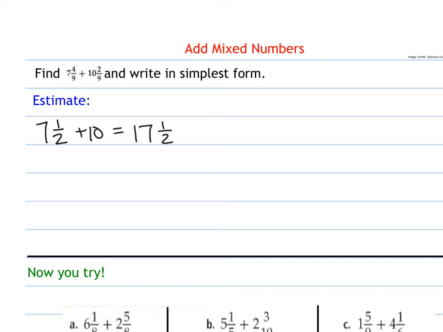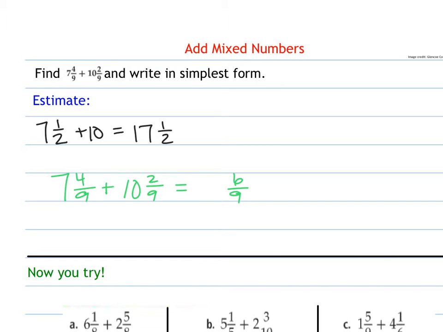So now let's do the actual addition for this. I've got 7 4/9 plus 10 2/9. We already have like fractions. We have common denominators on there, so we can add the fractions together. 4/9 plus 2/9 is 6/9. The next step is then to add the whole numbers.